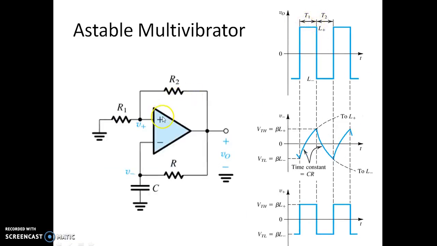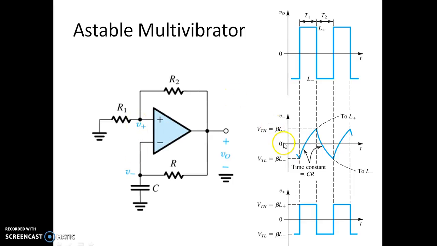Whenever the output is plus Vsat, the voltage at V plus is beta Vsat, where beta is nothing but R1 divided by R1 plus R2. The voltage at V plus is VTH. So when V0 is plus Vsat, V plus is beta Vsat.